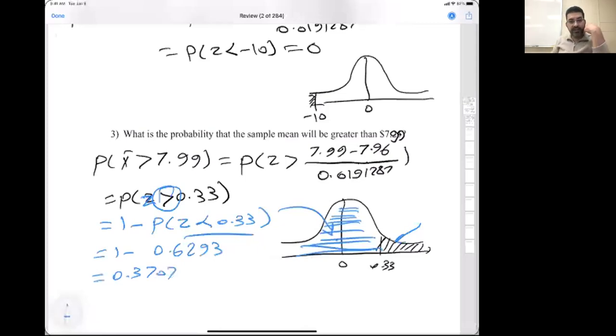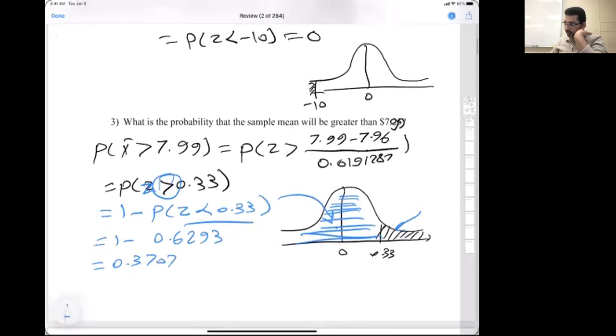This is the area to the right of 0.33, and it's the same area as this one in the original distribution, where the mean is 7.96. We need to find the probability that the average price is greater than 7.99, this area.